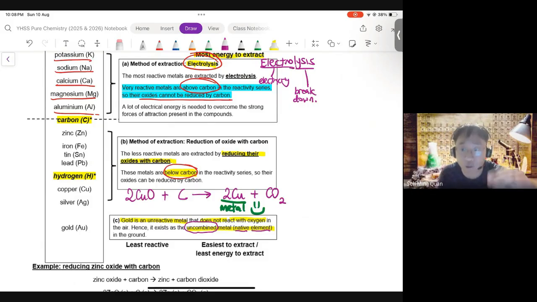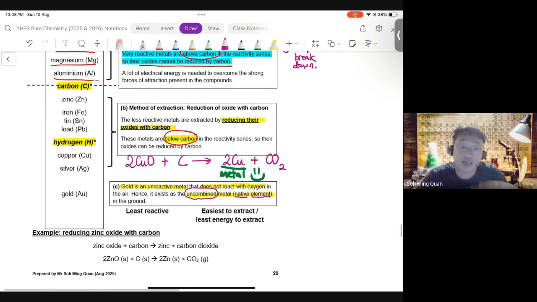B, below carbon, can be reduced with carbon, so we heat up the oxides of these metals below carbon with carbon. Like zinc oxide plus carbon, iron oxide plus carbon, copper oxide plus carbon. Finally, C is just gold. Gold is so unreactive, it doesn't form any compounds with oxygen normally. Therefore, gold exists as the native element or the uncombined metal in the ground.